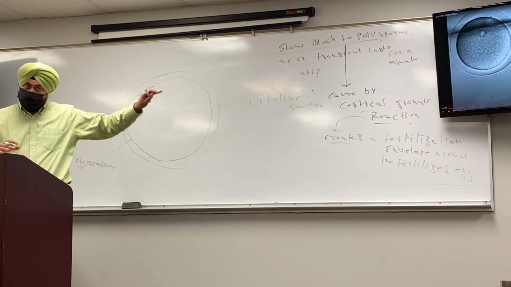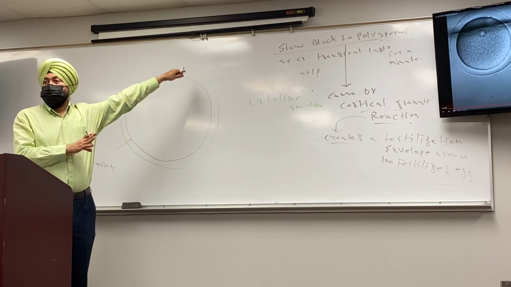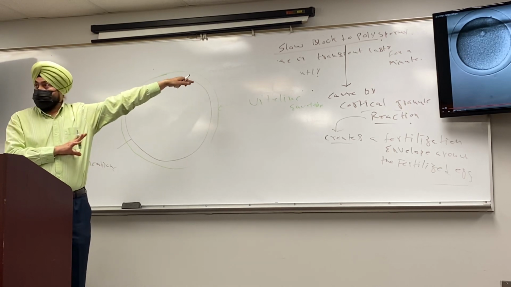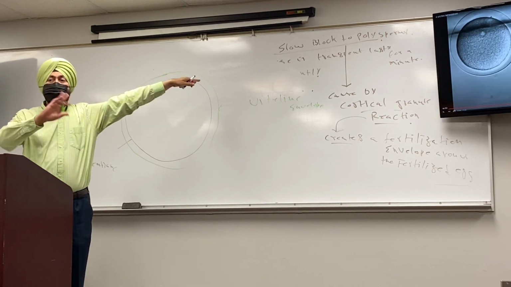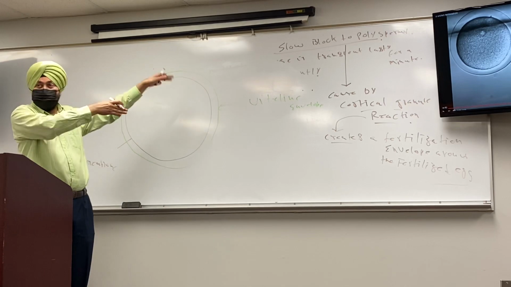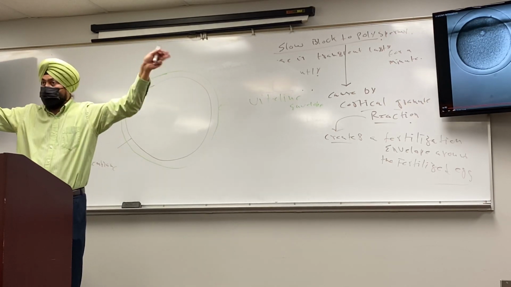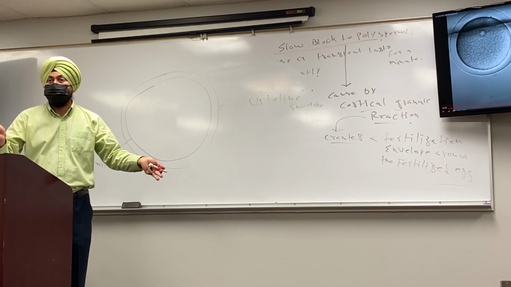Now this mechanism is active in sea urchin. The slow block to polyspermy is not present in mammals. It is present in sea urchin and other sea animals.